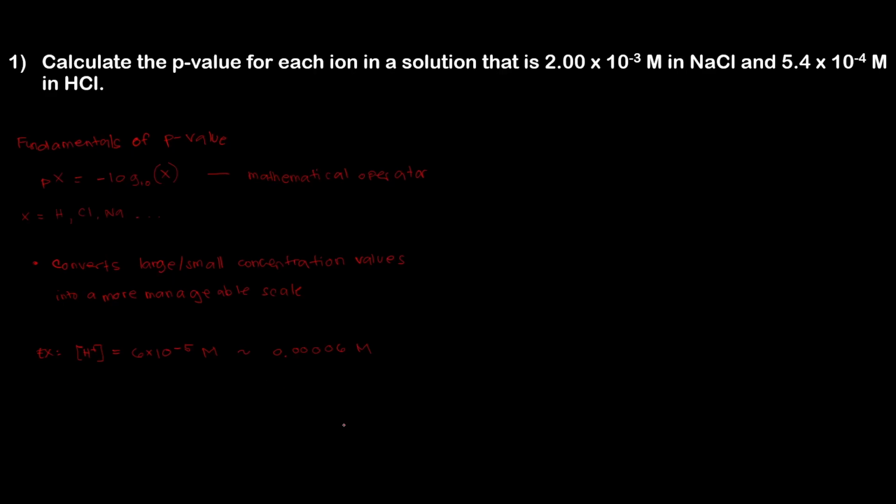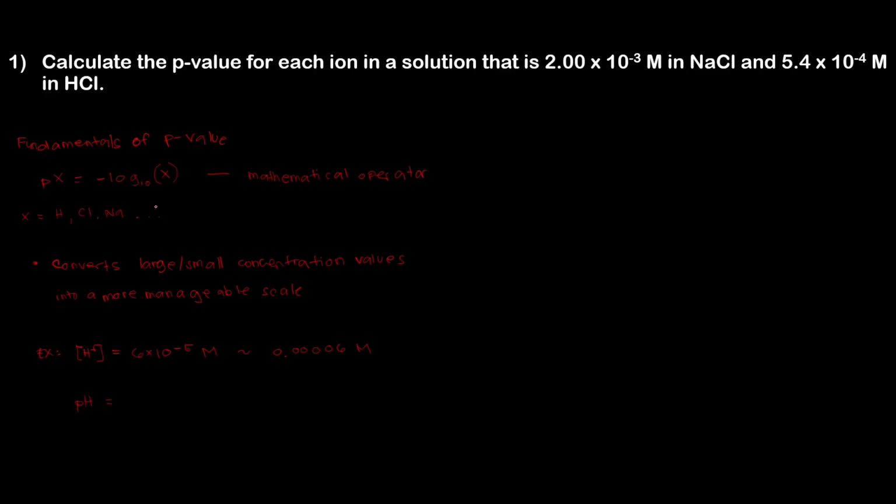By using the mathematical operator negative logarithm, we can turn this into a more manageable scale. So let's turn this H plus into a more manageable scale. This is simply called pH.